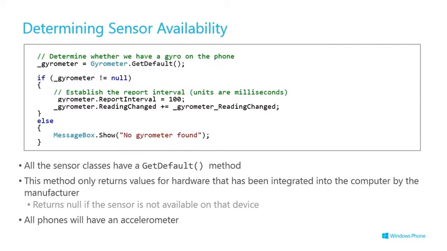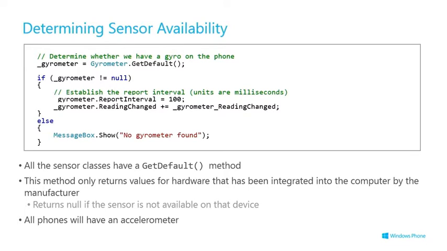They all work in the same way, so I'm just going to take one specific example, which is the gyrometer. You first of all call the GetDefault method. That will either return an instance or null. If there isn't any hardware like that on the device, you'll get null. Otherwise, you will get the gyrometer.